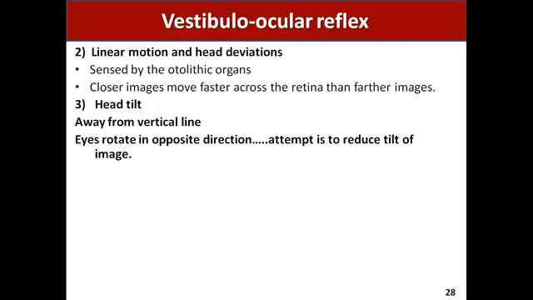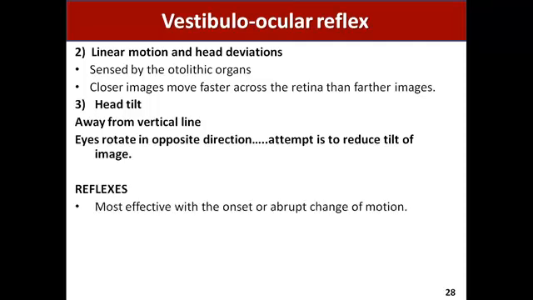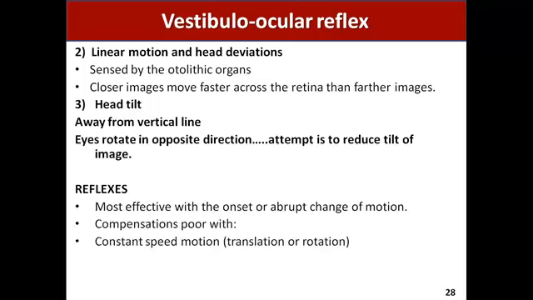As part of the vestibulo-ocular reflex, the objective here is to maintain a stable image on the retina. These reflexes are typically effective with the onset of movement or an abrupt change in movement, but compensations are typically poor with constant speed motion, whether it's translation or rotation.